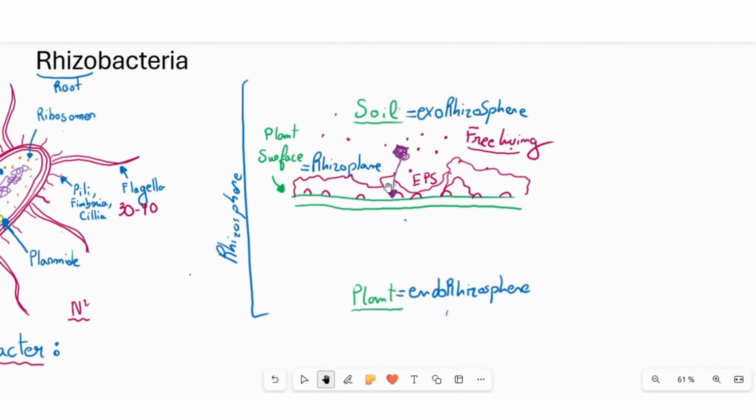So if it tries to stick and adhere to the roots and cause frost damage, these rhizoplane bacteria, which we will call epiphytic bacteria, and we're going to say bacteria with it, because when we say epiphyte, we can also mean certain plants that grow on the surface of bigger plants. So we have to be very specific and say epiphytic bacteria.